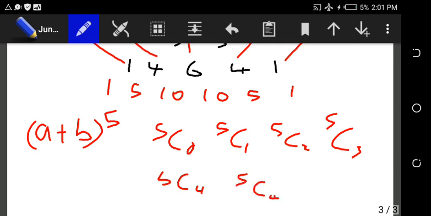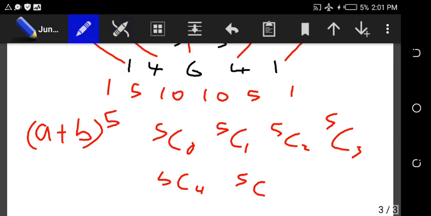So one way to check your answers is that all these 5 combinations, 5 combination 0, 5 combination 1, in this case, must always evaluate to these coefficients that we have here. So your 5 combination 0 must evaluate to 1, your 5 combination 1 must evaluate to this 5 here, your 5 combination 2 must evaluate to this 10 here, your 5 combination 3, go ahead and try that out, must evaluate to 10, your 5 combination 4 must evaluate to 5, and then, oh, there's a mistake here.